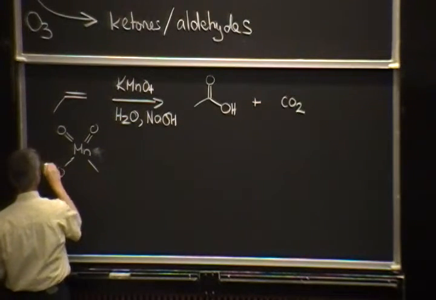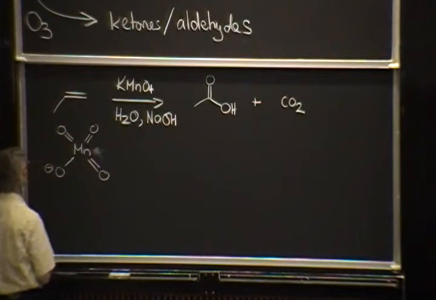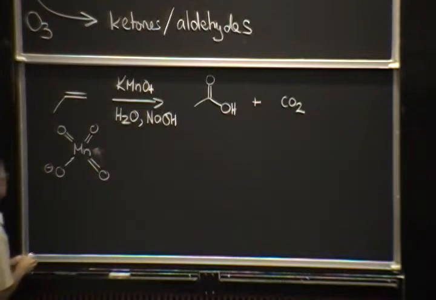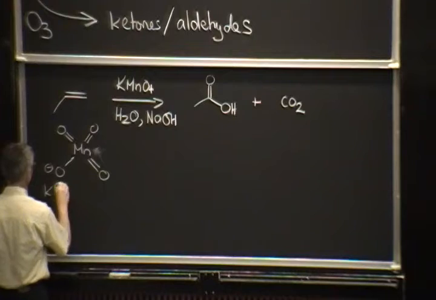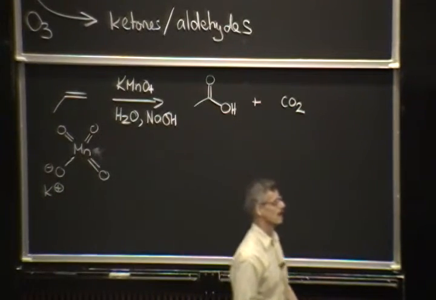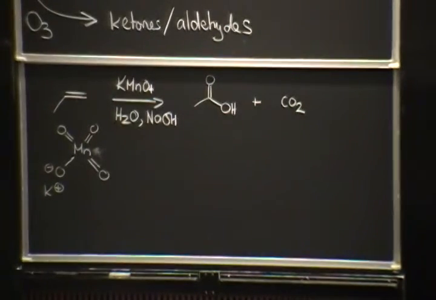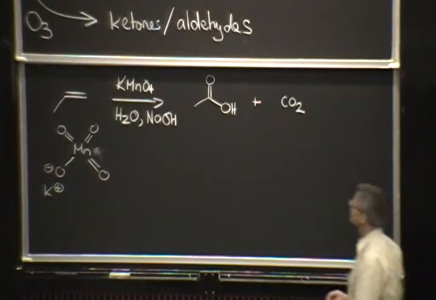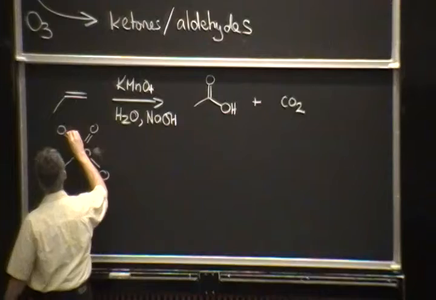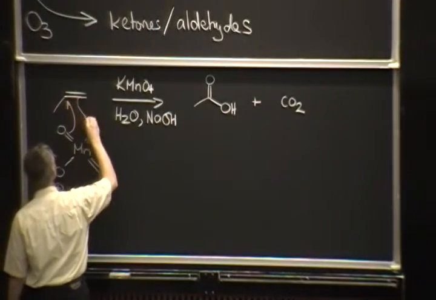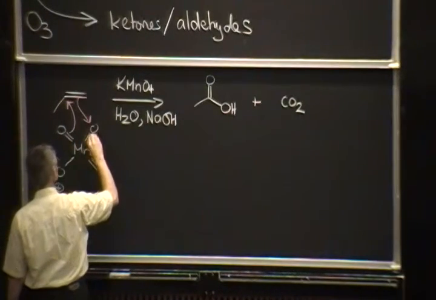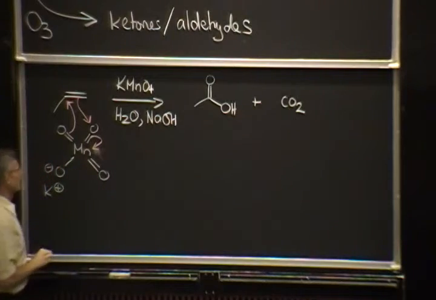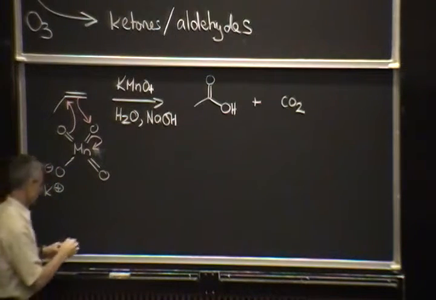We have here the potassium permanganate, MnO4 minus, potassium is the counterion, and we get the addition across the double bond. And the driving force is the reduction of the high oxidation level manganese.